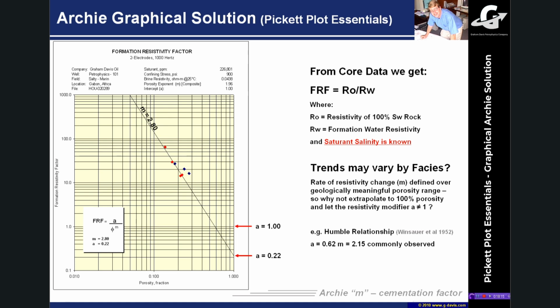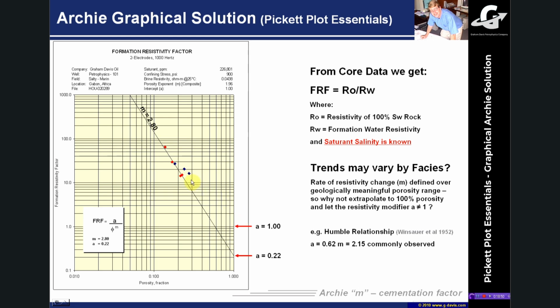Now we know that the salinity of the water hasn't changed, and so we've got a modified A term, and so we know what the resistivity of the fluid is at 100% porosity, and so to get that to calculate out right, we have to calculate this A factor, this resistivity modifier, to be able to match the known saturant resistivity at 100% porosity.